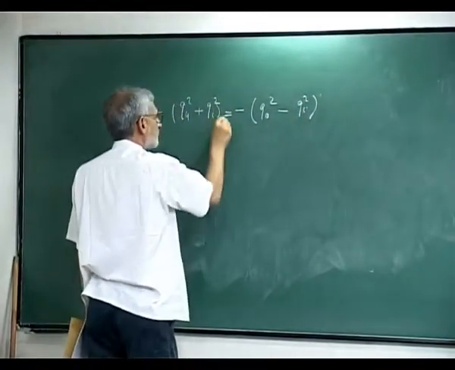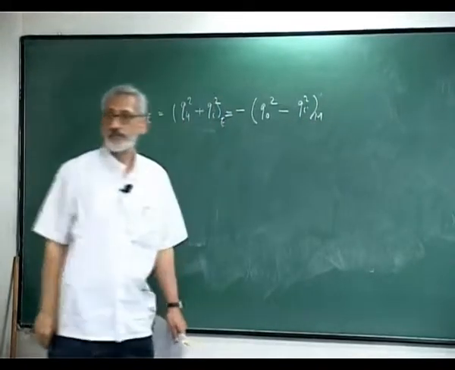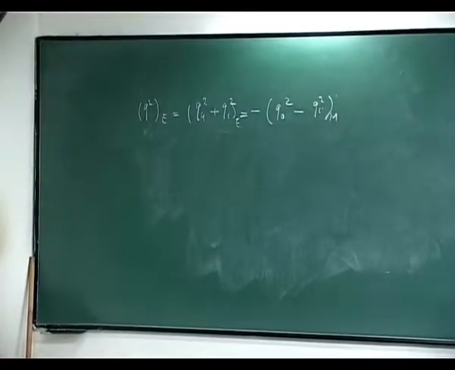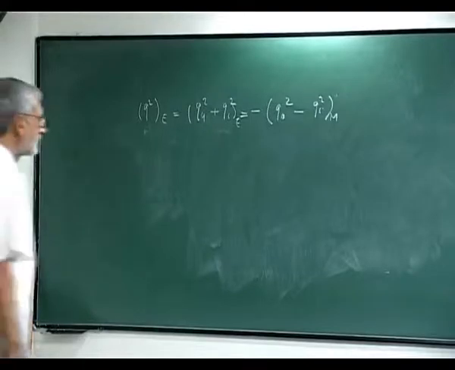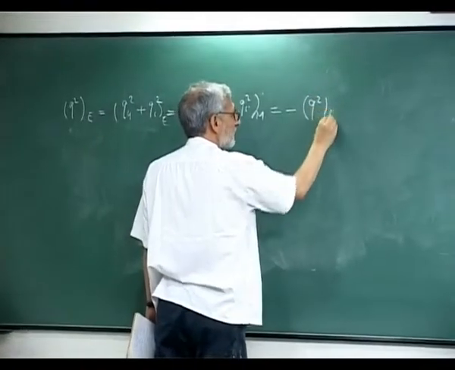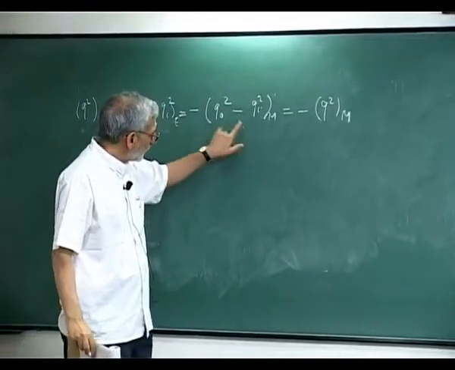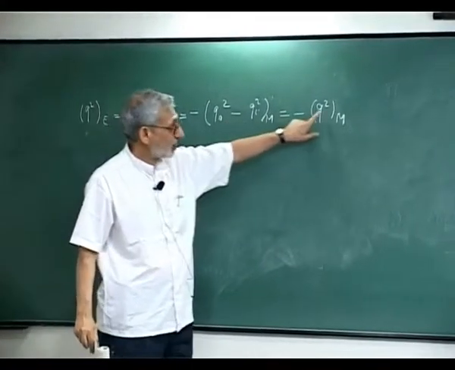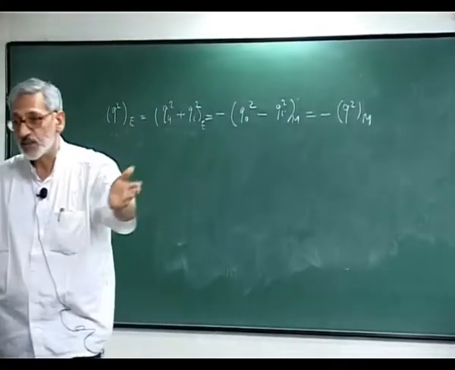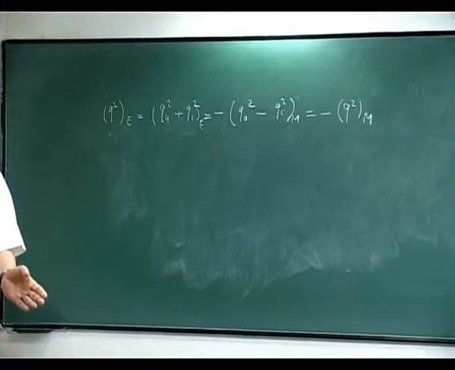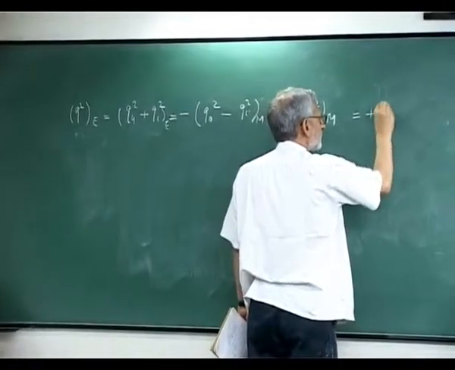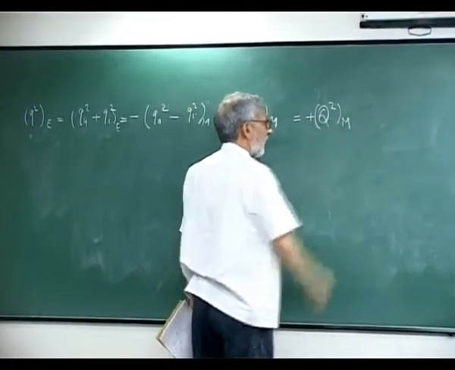So this is Euclidean, this is Minkowskian. And this is Q square Minkowskian, with the Minkowski metric, which has signature +1, -1, -1. Let's call this object some plus q square M.